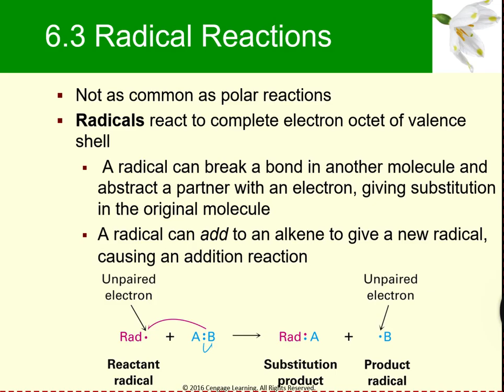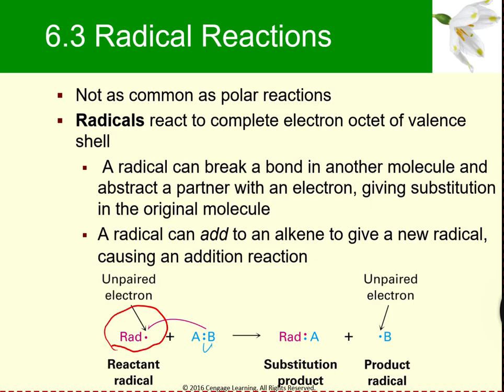For example, if you have a radical like this, radical means you have one unpaired electron. Then we call that the radical species, okay? Because the radical is generated by homolytic cleavage of a chemical bond, the radical species will have one unpaired electron.